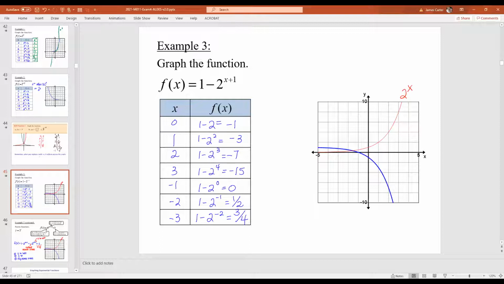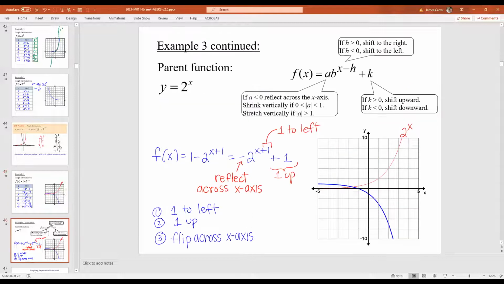This negative right here in front of the 2 is going to flip it upside down, and then the 1 is going to raise it up 1. So those are the different functions. The transformations work on these just like they did on the other functions. Okay, here's another one. Again, here's the parent graph, y equals 2 to the x.